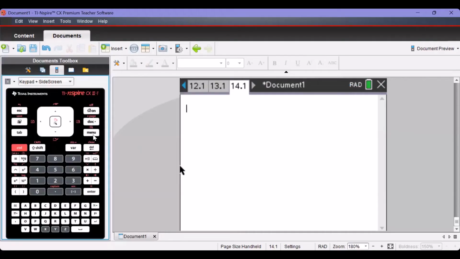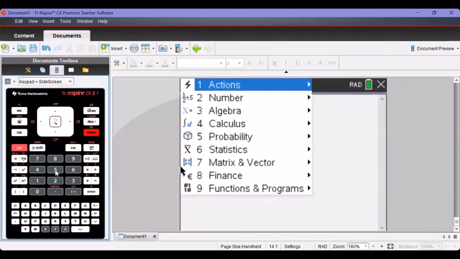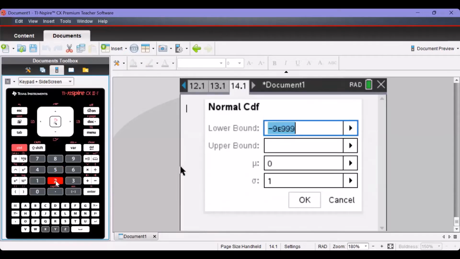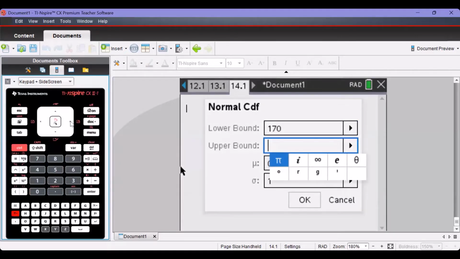So we'll press menu, 5 for probability, 5 for distributions, 2 for normal CDF. The lower bound is 170. Press tab. The upper bound, if we press the pi button and scroll across to highlight infinity, press enter, press tab again.